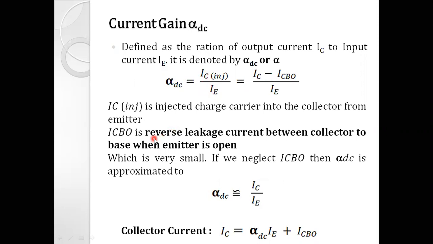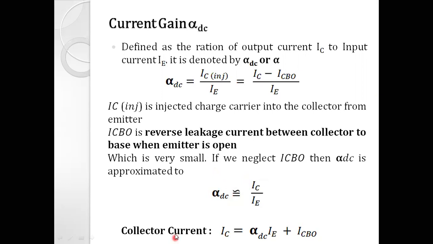And as I said earlier, ICBO is the reverse leakage current between the collector and base when the emitter is open, right? The magnitude of ICBO is very small, so sometimes we can neglect ICBO and have the approximation for alpha DC, that is, alpha DC is IC divided by IE, right?